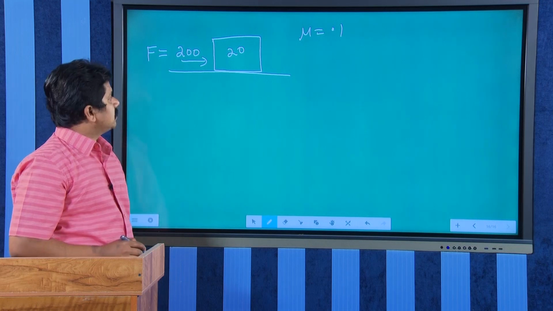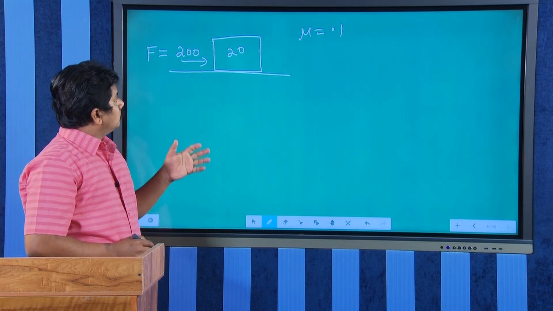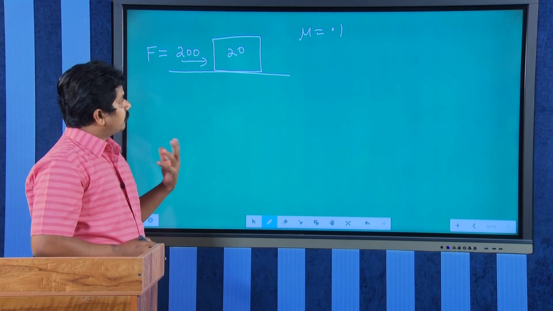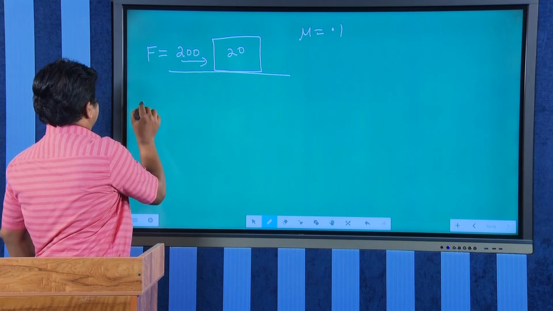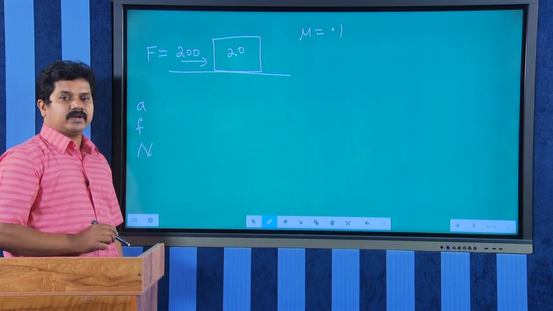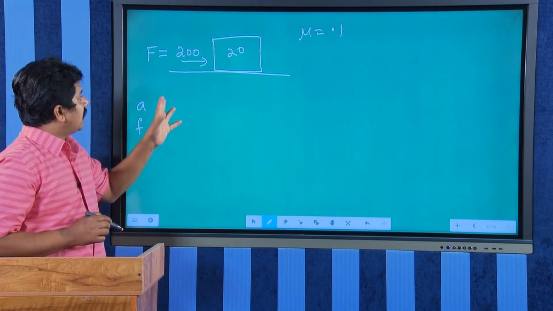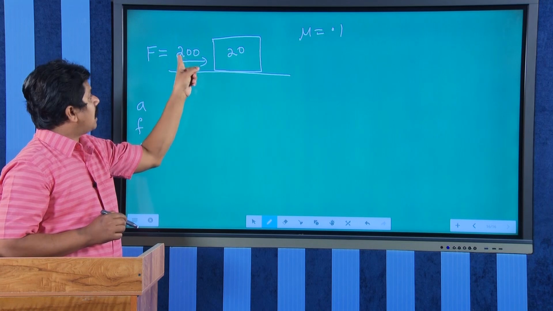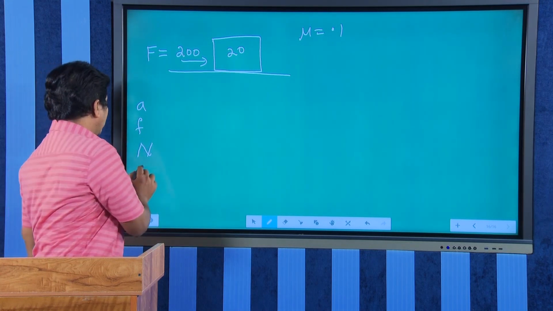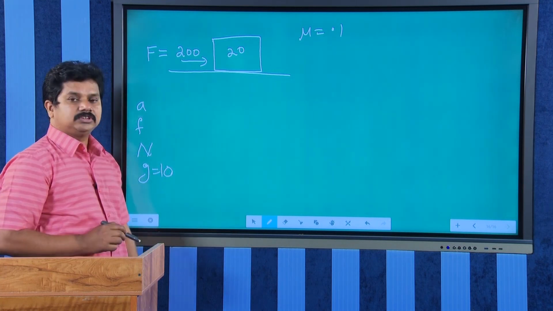Now, what will be the acceleration, friction and normal reaction? These are the data we need to find. We have the mass of the block, applied force and coefficient of friction. Take g equal to 10.